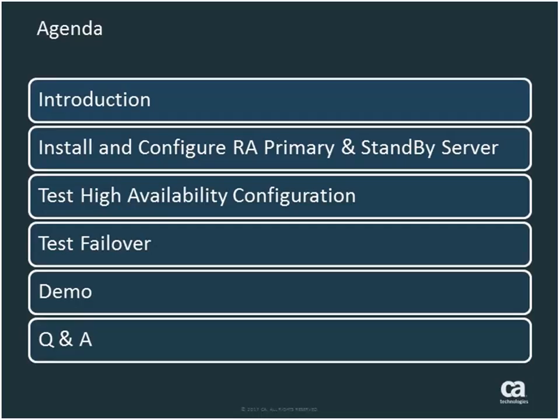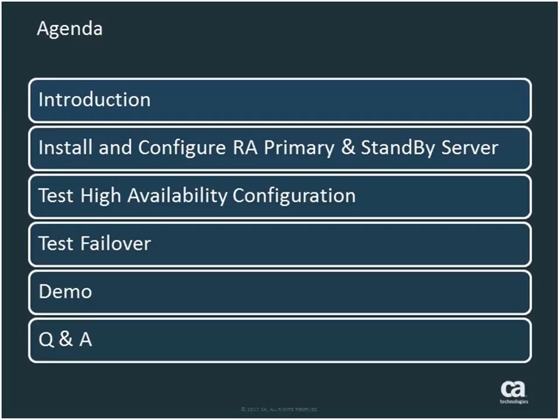This feature is very supportive of any high availability DevOps tools like Jenkins and your artifact management tools like JFrog or Nexus repository. It also requires a high availability database as well. If you don't have a high availability database, you can still use a normal database, but if you want to use the full feature of high availability RA, you need to have a high availability database as well.